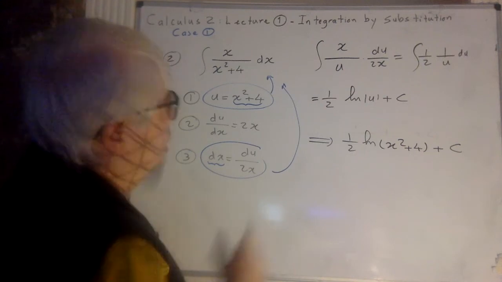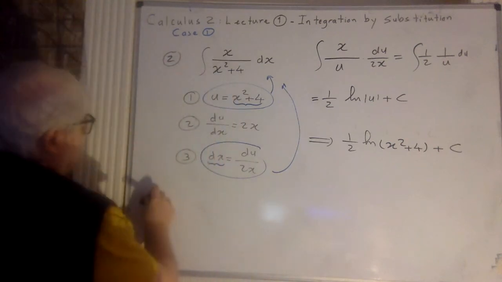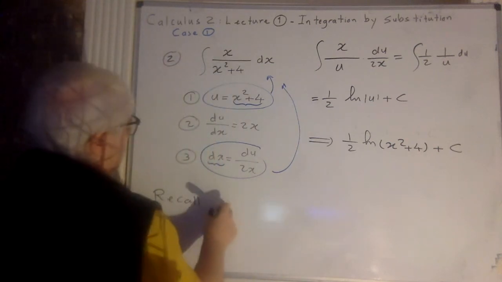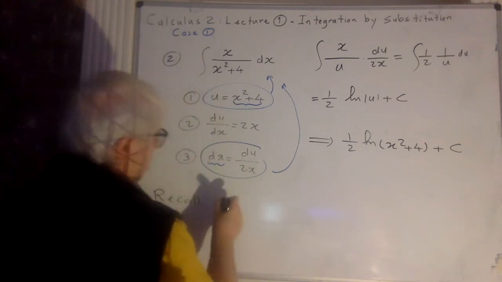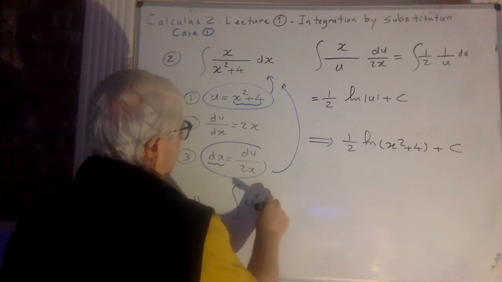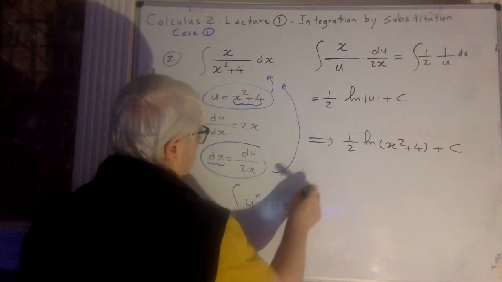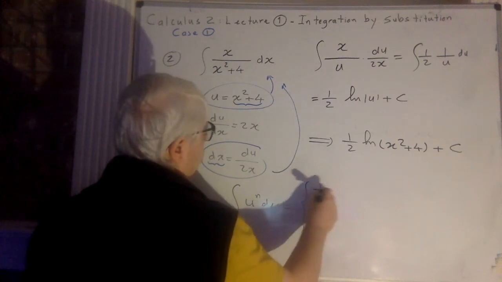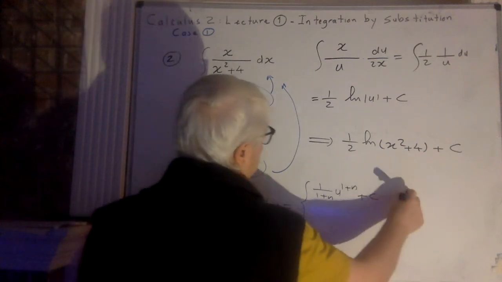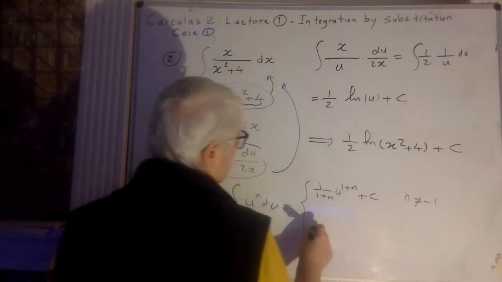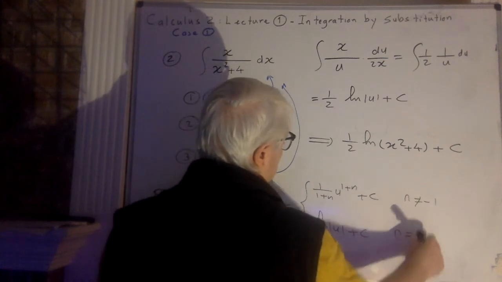Well, you might say this was also 1 over u, that's u to the power -1. Yes, remember, recall, let me write this. The integral of u to the power n du is 1 over 1 plus n, u to the power 1 plus n, plus c if n is not -1, and it is ln of absolute value of u plus c if n is -1.